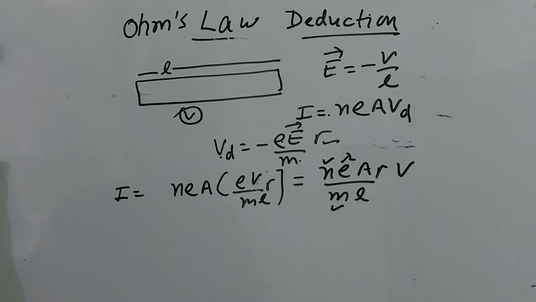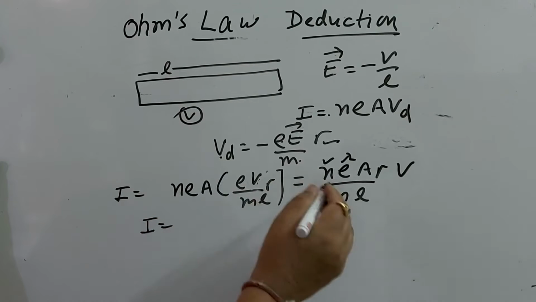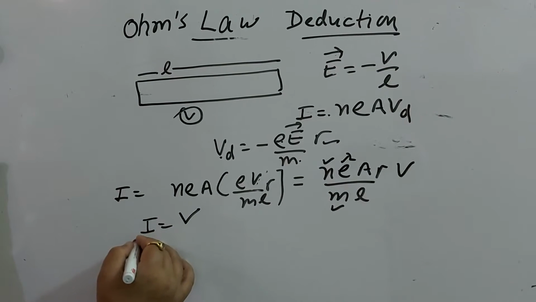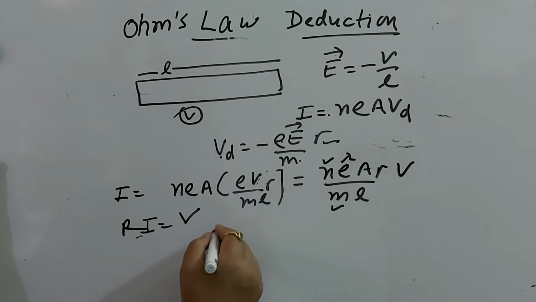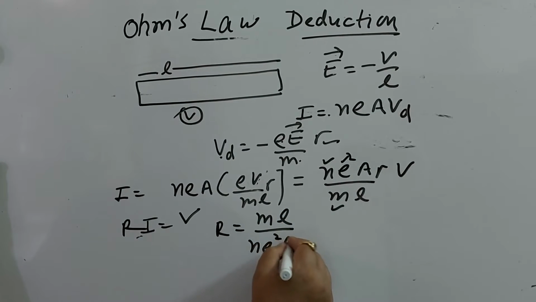So if all these parameters are kept constant, this whole thing will be constant, and I will be equal to some constant into V, and if this constant is taken this side, this is basically 1 by R. So we can say R is equal to mL by NE square A tau.